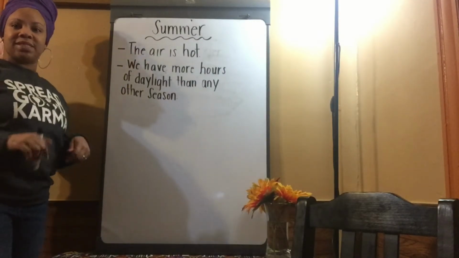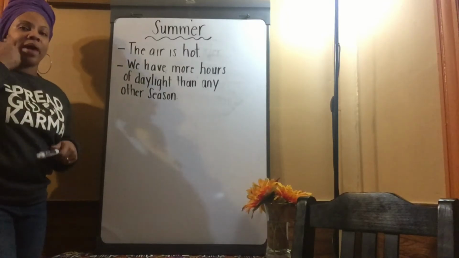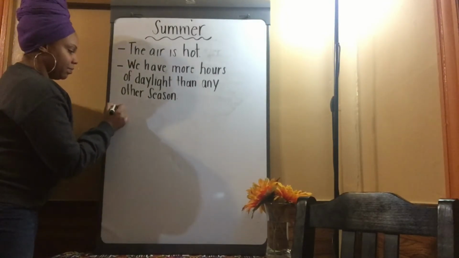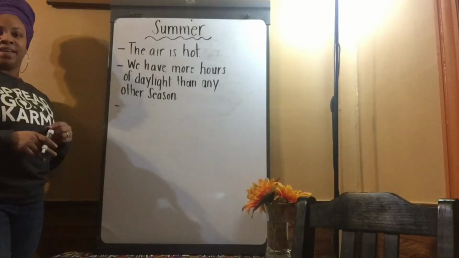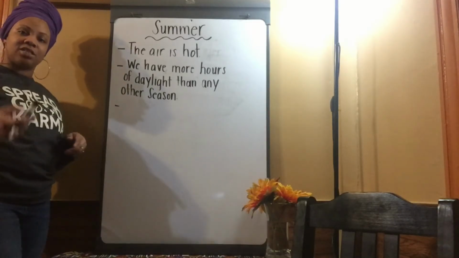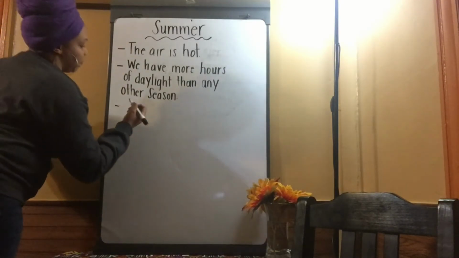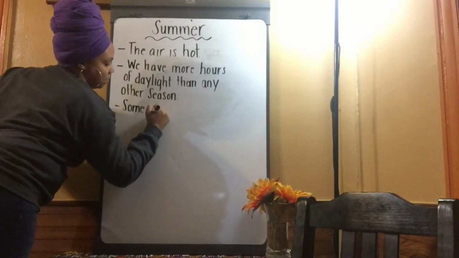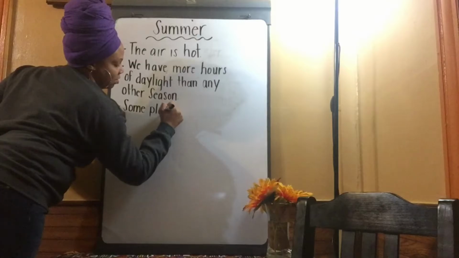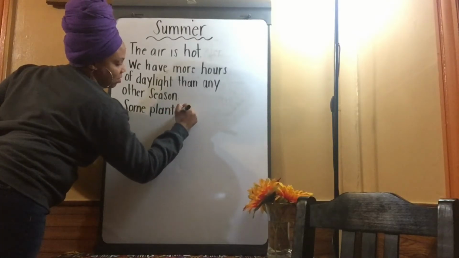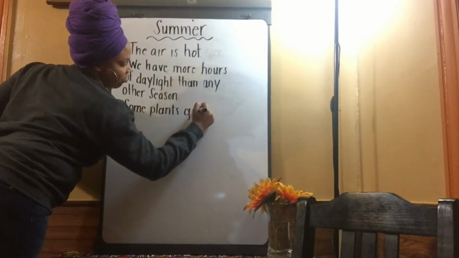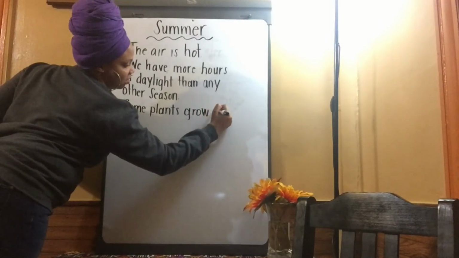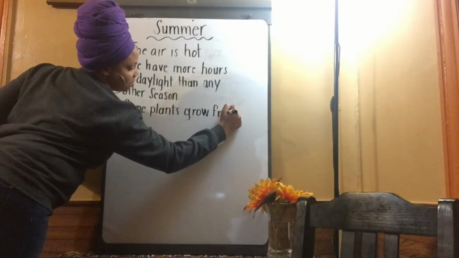All right, what happens to the plants, Brother Rodney? What happens to the plants in summer? Very good. Some plants grow their fruit in summer. So let's write that down. Some plants grow fruit.